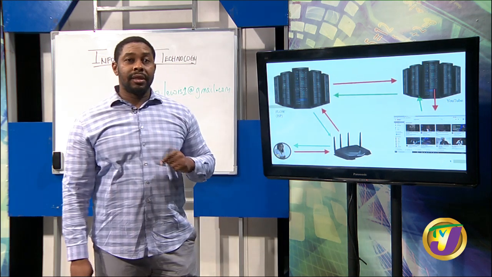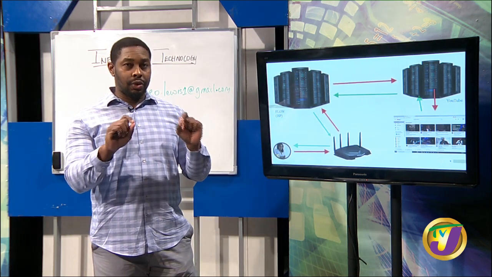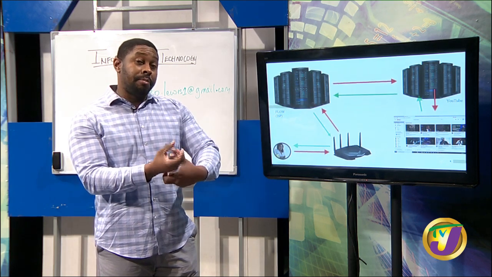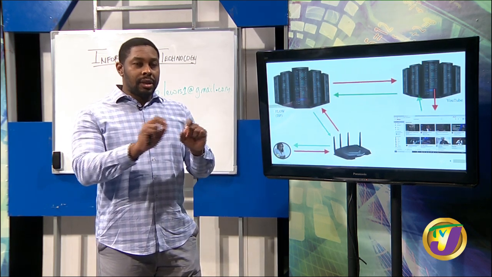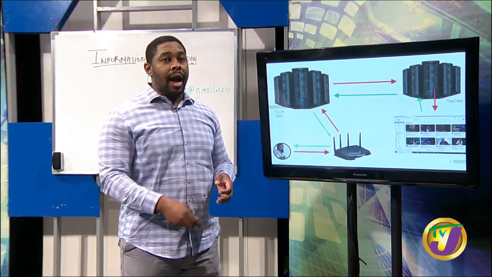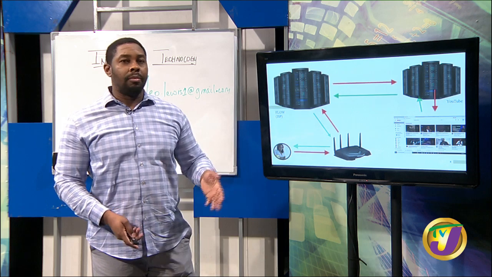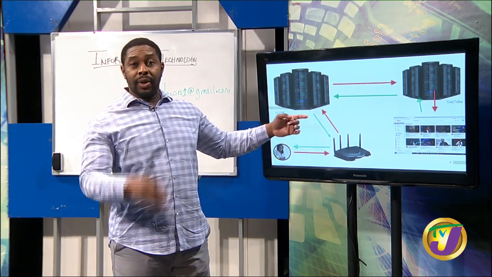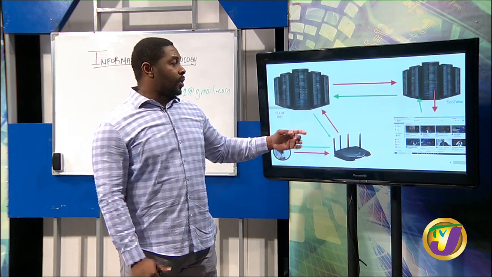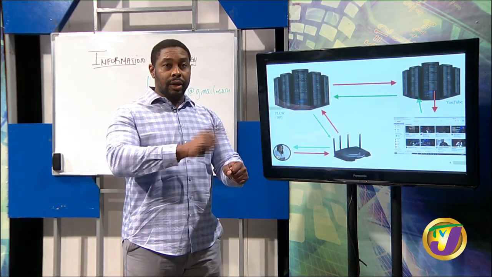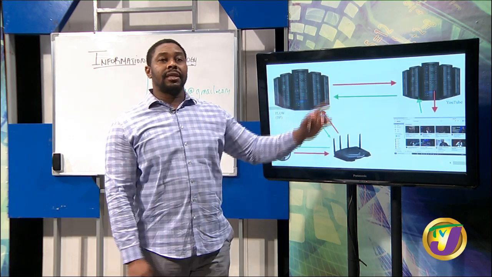Where the fiber optic is concerned, these are just glass tubes that appear in bundles. And these bundles basically have light pulses running through them. And you might be asking, how does that work? If you're a physicist and you know the answer, good, I'm not going to tell you the answer until the end. So as the light goes through the glass of the fiber optic cable, it arrives at its destination.